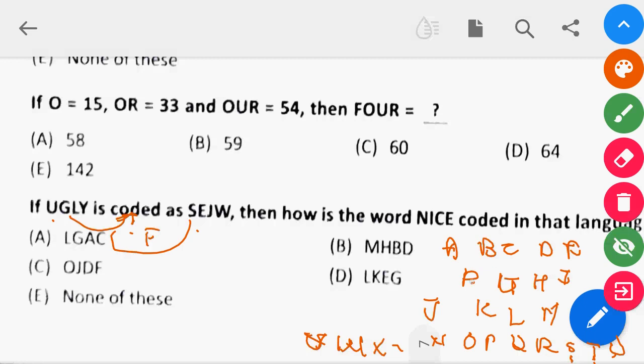After G, F is left and E is taken. In L, K is left and J is taken. Now for NICE, you have to go back from N. M should be left, L is taken. From I go back, H is left, G is taken. And in this way, you can find your answer.